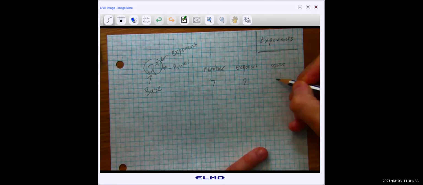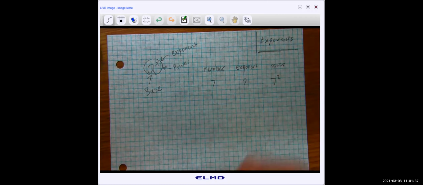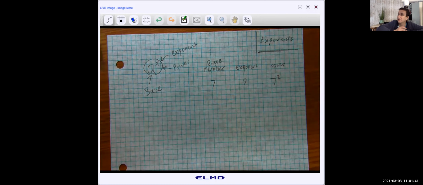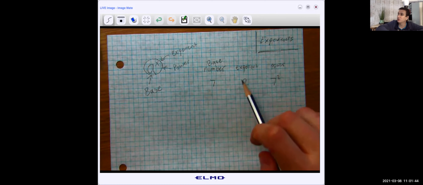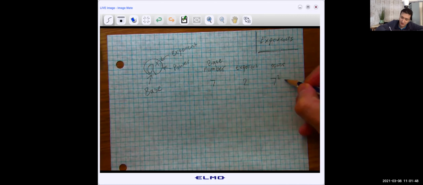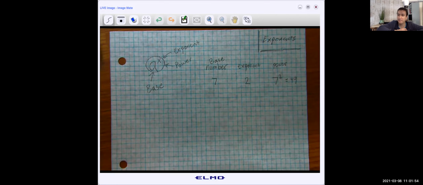Our power would be 2 because exponent. Oh, the whole thing, yes. Yeah, sorry. You know what? I could call this a base. Maybe that'd be better. So here's my base, the number 7. The exponent's a 2. So the power would be 7 to the power of 2, but we can simplify that. Remember, that means 7 times 7, right? So that would simplify to 49, or 7 squared, yep.